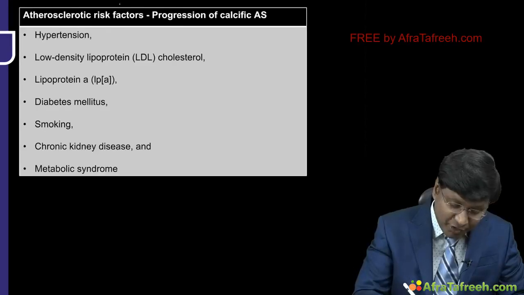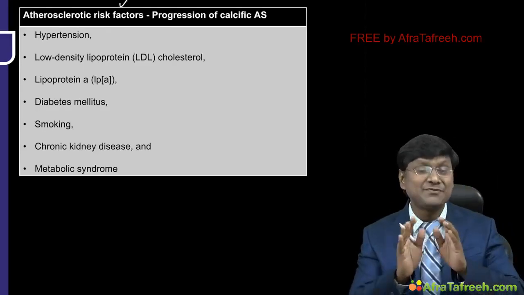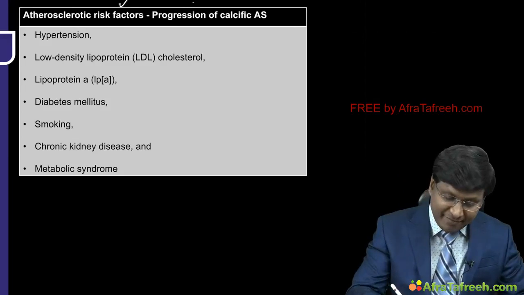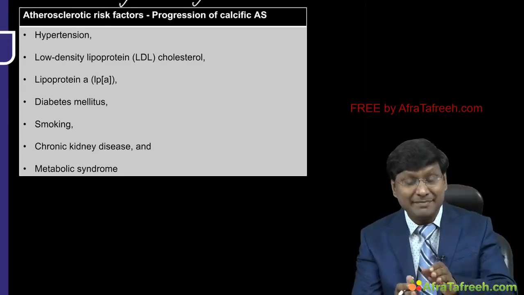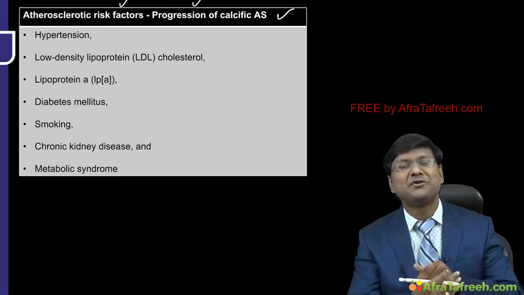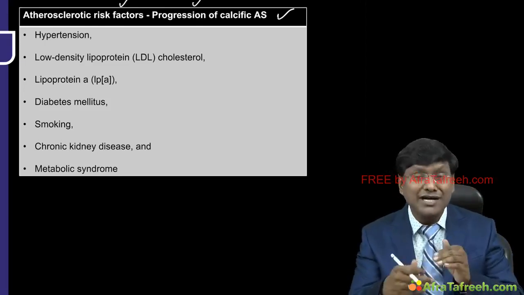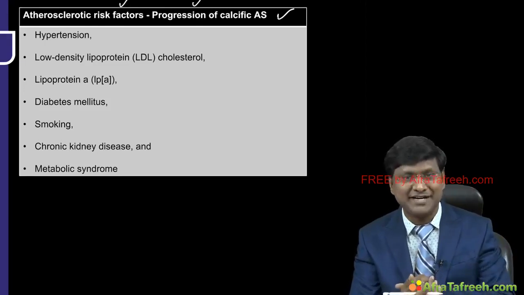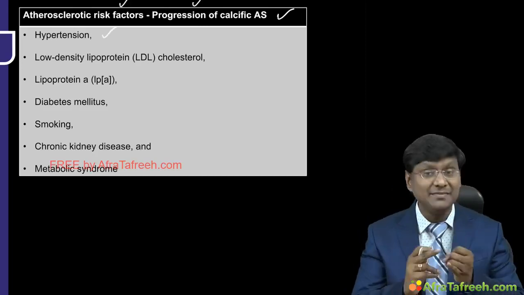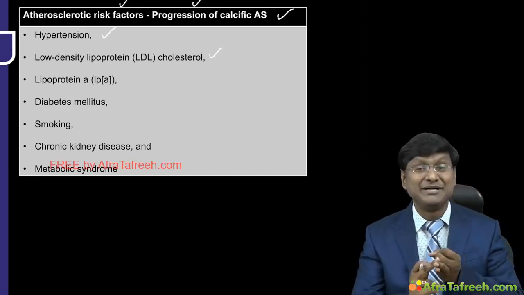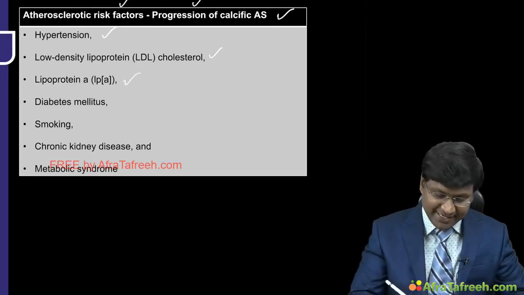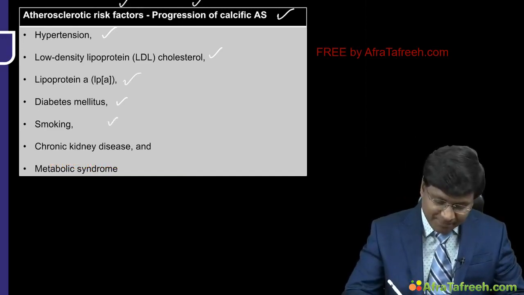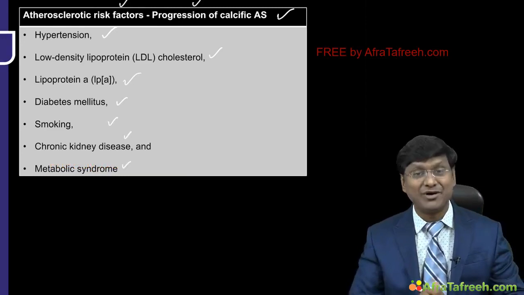Now the next important point is that there are certain traditional atherosclerotic risk factors associated with the development and progression of calcific aortic stenosis. What are those risk factors? These include number 1, hypertension, number 2, LDL cholesterol, number 3, lipoprotein A, diabetes mellitus, smoking, chronic kidney disease, as well as metabolic syndrome.